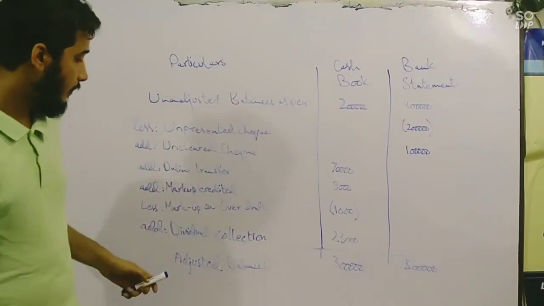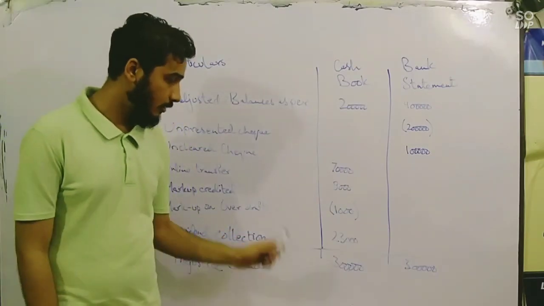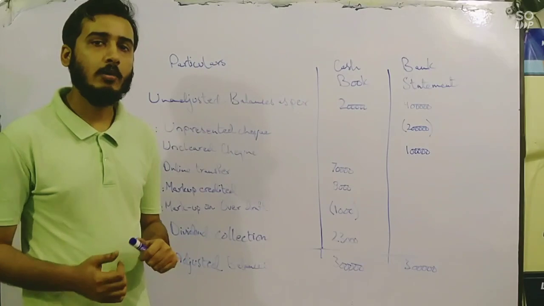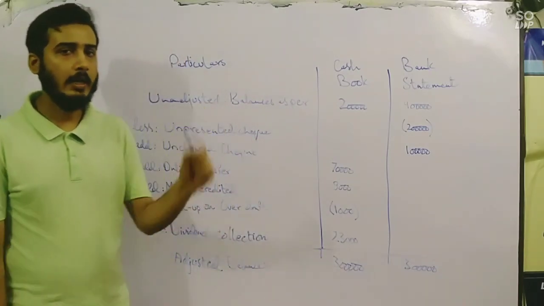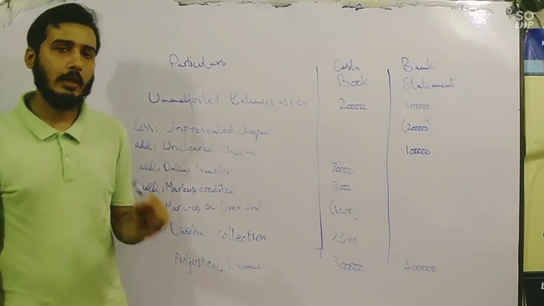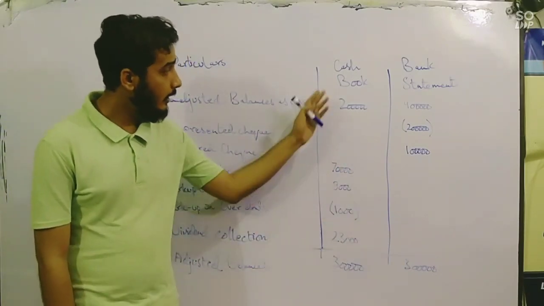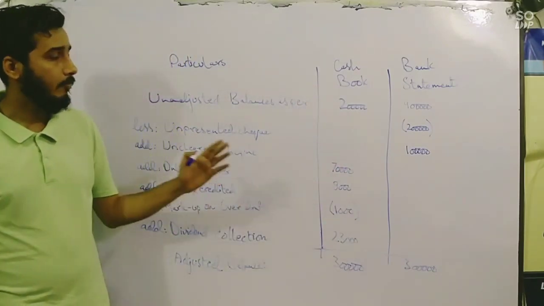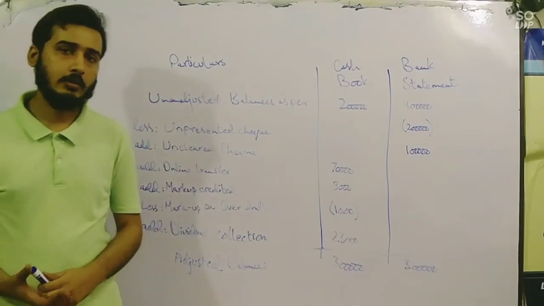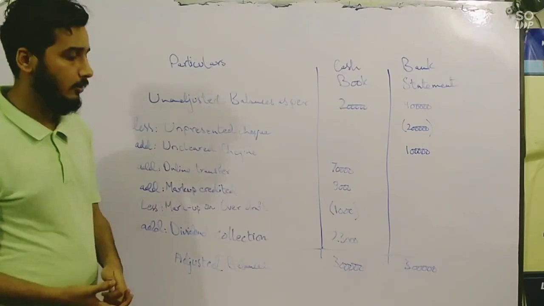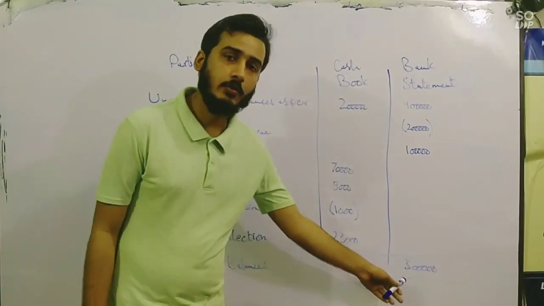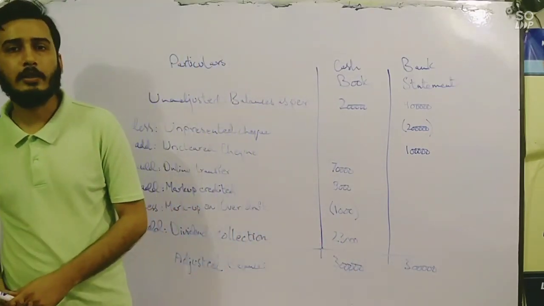So if the bank has collected the dividend and we do not know about that, we have to add this because the same has been added into our account as well. Now, if you add up all these things and deduct the same items which are being deducted, then you'll get the adjusted balance as 300,000 on both sides.